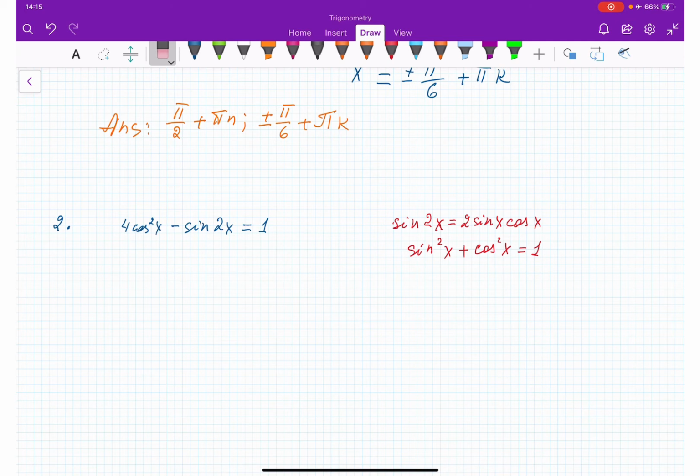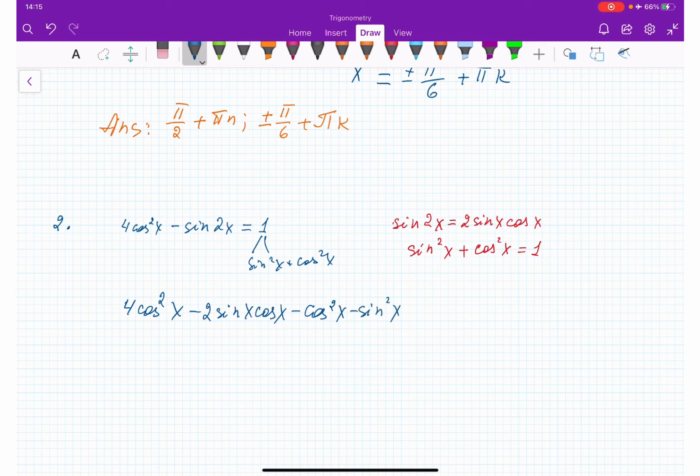So this one I'm going to break down as sine squared x plus cosine square x. So we have 4 cosine square x minus 2 sine x cosine x minus (cosine square x minus sine square x), because I am moving it over to this side, equals 0.